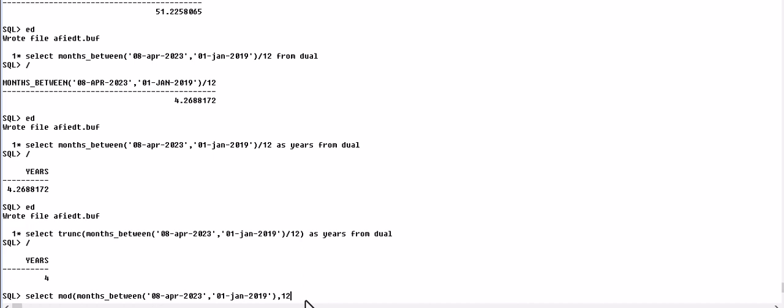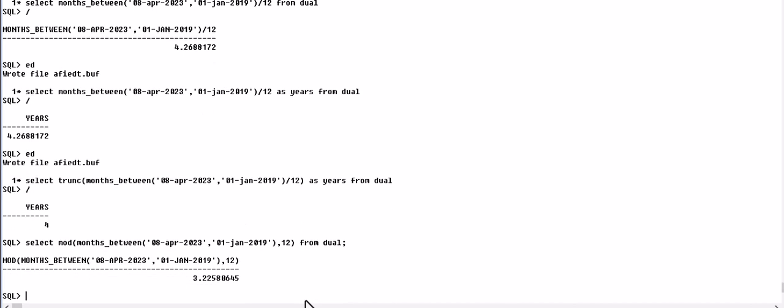By taking MOD of this 13, which is the total months between these two dates, with 12. So MOD of 13 with 12 becomes 1. So using this approach, with the help of MOD, we can easily calculate the remaining months. The remaining months are 3.225.